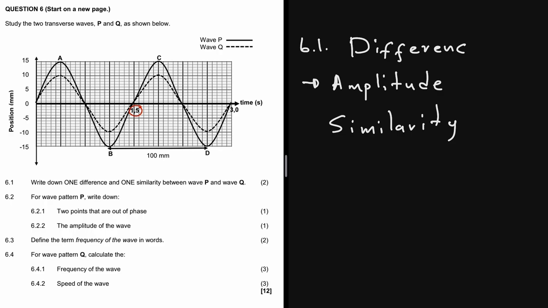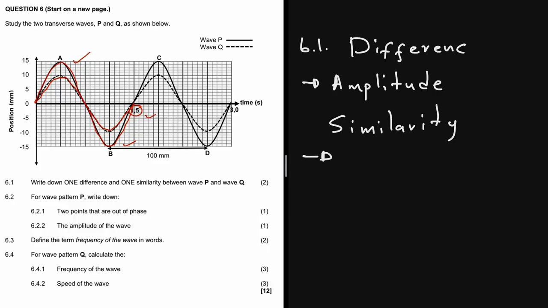So wave P is completed in 1.5 seconds, and one wave of Q is also completed in 1.5 seconds. Remember, when you talk about one wave, we just talk about one complete cycle. We have half of a cycle at the top and half of a cycle at the bottom. When we combine those two, we have a complete cycle. So they have the same period, the same time it takes to complete one wave.